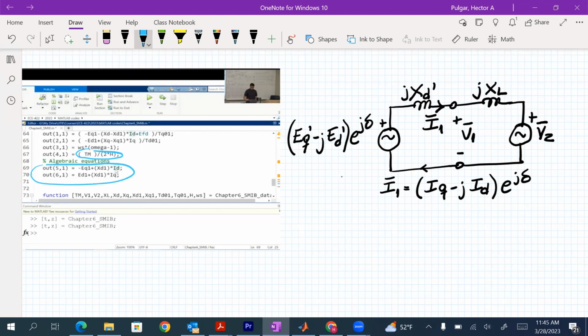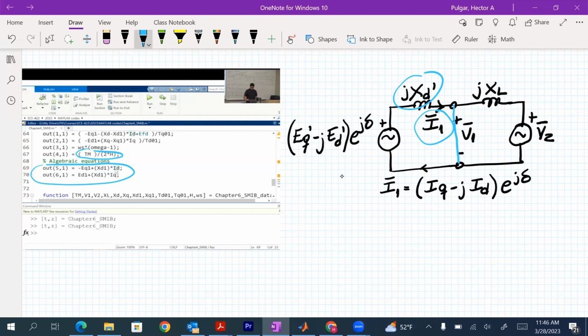So when you have this short circuit, the conditions of the short circuit are applied to the algebraic equation. So in this case, if we have a short circuit at bus 1, basically we're going to obtain a current that is purely reactive. So the current will be lagging the voltage 90 degrees and the active power will be 0. Therefore, the electrical torque will be 0.